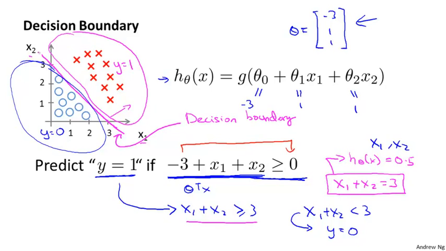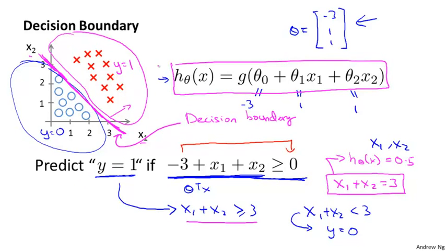And the decision boundary, that is this straight line, is the line that separates the region where the hypothesis predicts y equals 1 from the region where the hypothesis predicts that y is equal to 0. And just to be clear, the decision boundary is a property of the hypothesis, including the parameters theta 0, theta 1, theta 2.